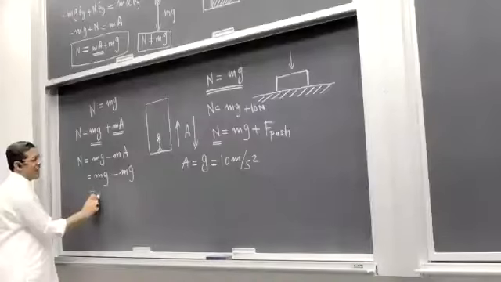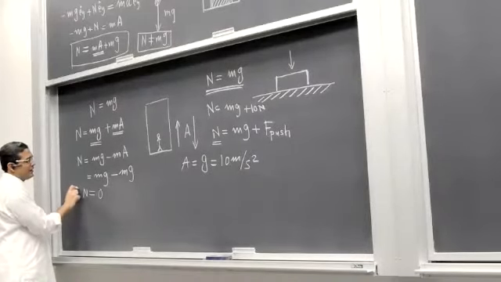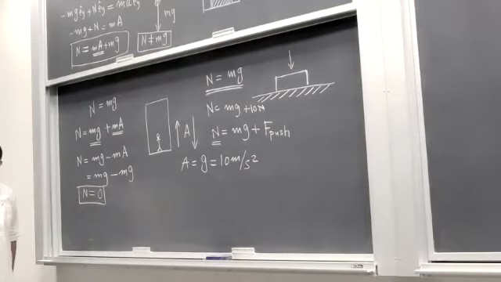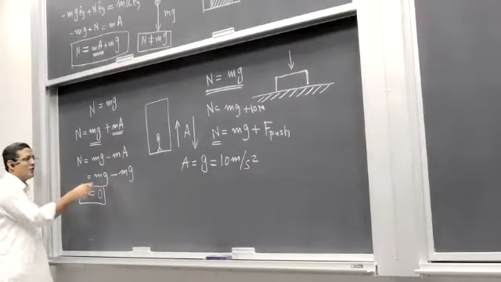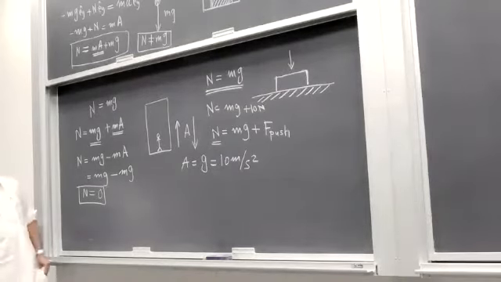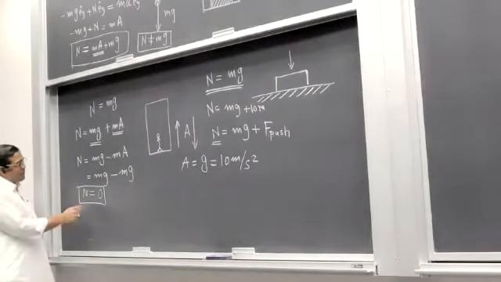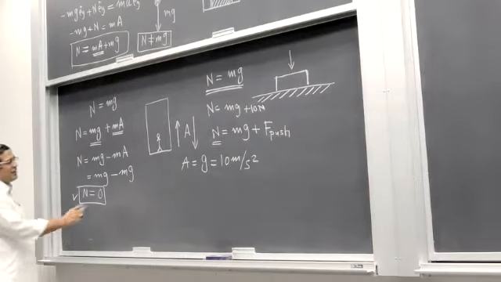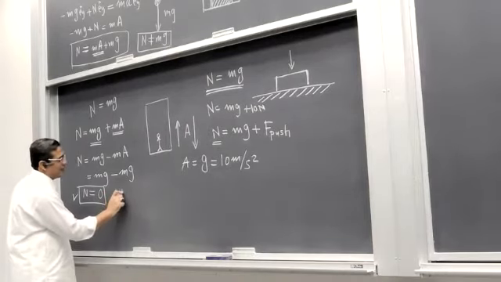Yes, mg, and the normal force acting on you is 0. You become weightless. Your weight hasn't gone to 0. Well, it has in a way in your frame of reference, but it's actually the normal force that has gone to 0. And this is what is called weightlessness.